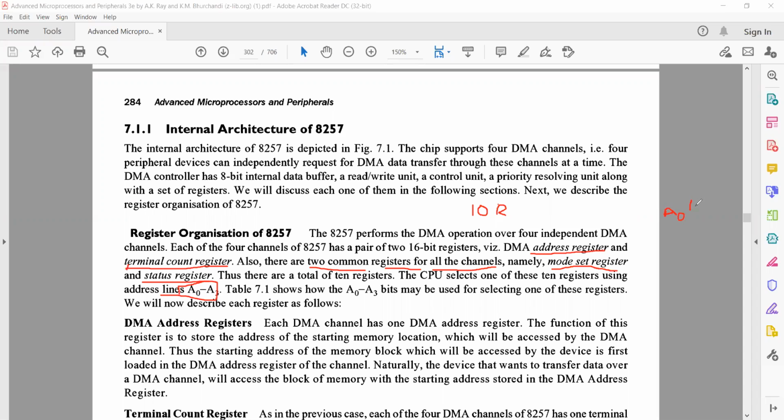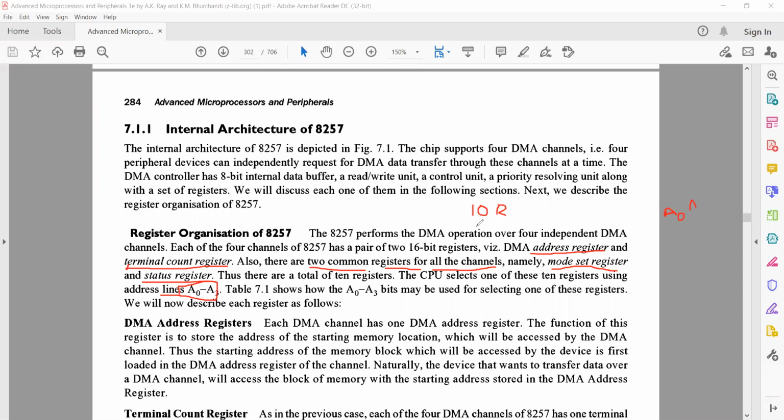Most of you can remember BCD, binary coded decimals. BCD values range from 0 to 9, that means we have 10 values. In order to select those 10, we require 4 bits. Similarly, we have 10 registers now, and in order to select one register, we need 4 bits. That is the importance here.